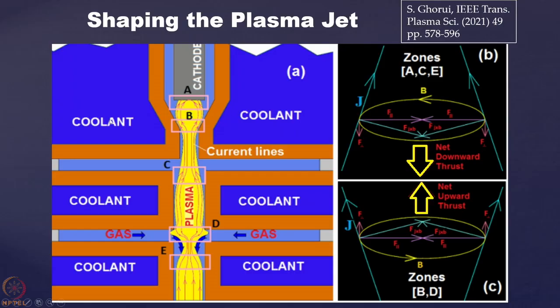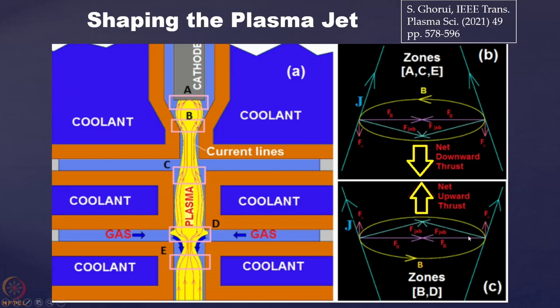Now the other way, when the current density is diverging. I have explained it over here. The current density is like this. Now in a similar way, if you analyze, you see that they are producing a magnetic field like this, and the force J cross B is in this direction.